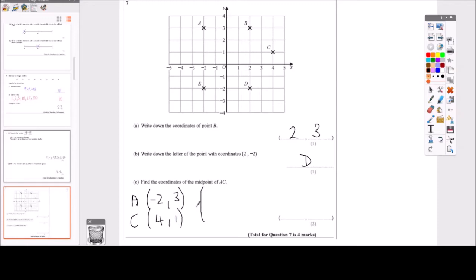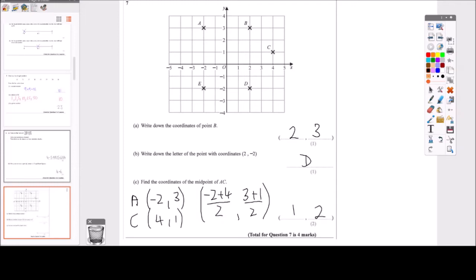So to average the x coordinates, we've got -2 and we add it to 4 and halve that. And for the y coordinates, we're averaging 3 and 1. So taking the x coordinate, -2 add 4 is 2, and 2 divided by 2 is 1. 3 add 1 is 4, half of 4 is 2.